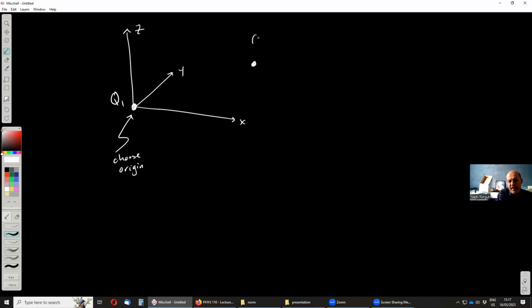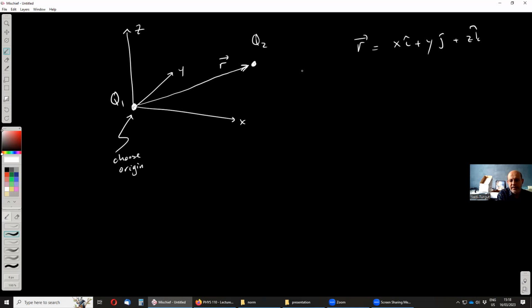And in that case, the other charge has some kind of a position. So that's a position vector. It's essentially a relative position. This position vector, if you remember, I can write using unit vector notation. It has an x component, y component, and a z component.